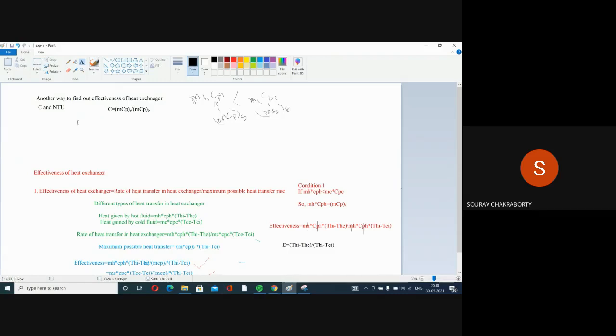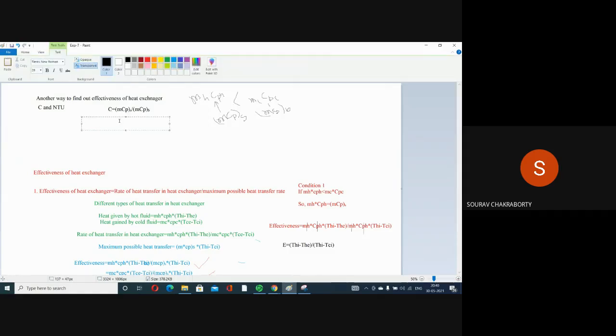And second, we need to find out NTU. NTU means, this C stands for capacity rate ratio. Next we need to find out NTU. NTU stands for number of transfer units.